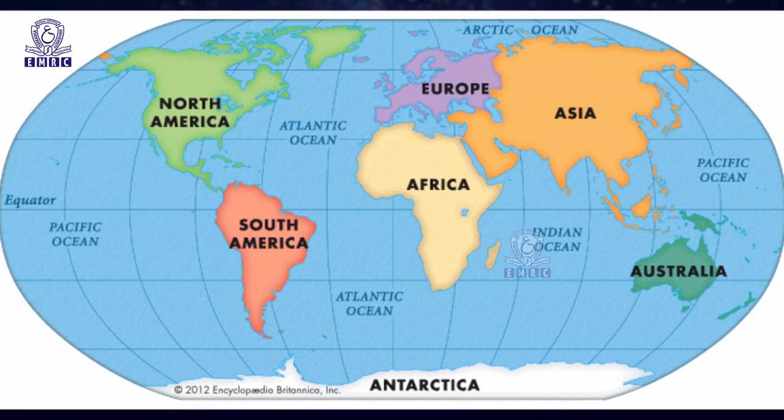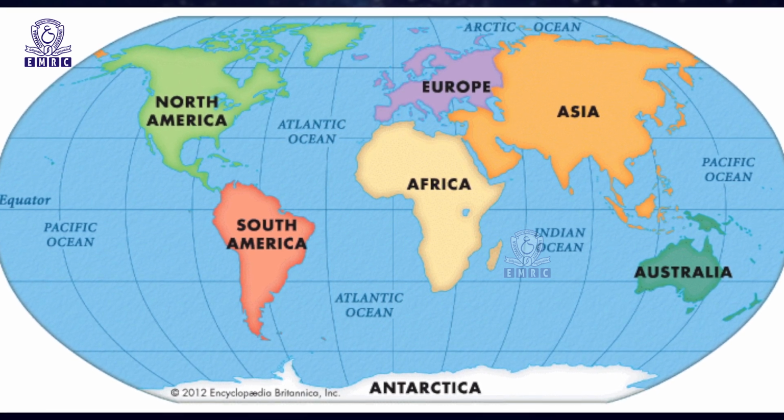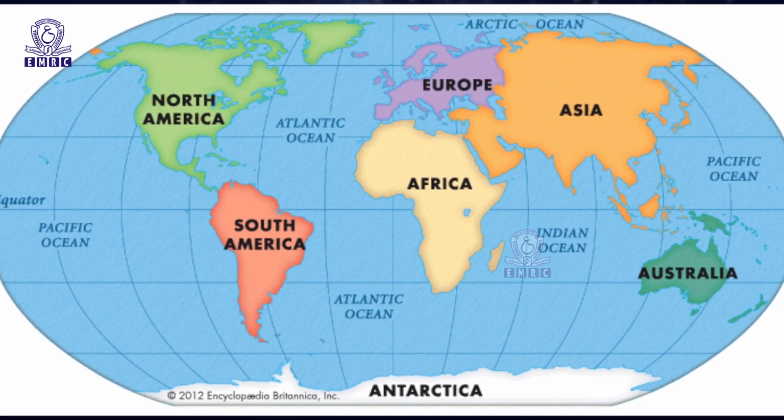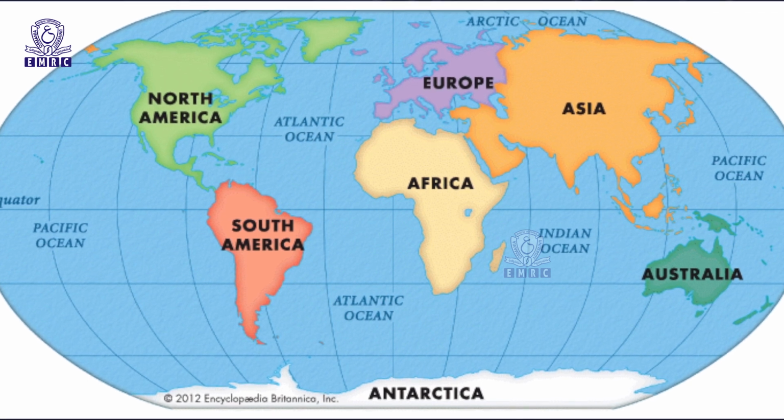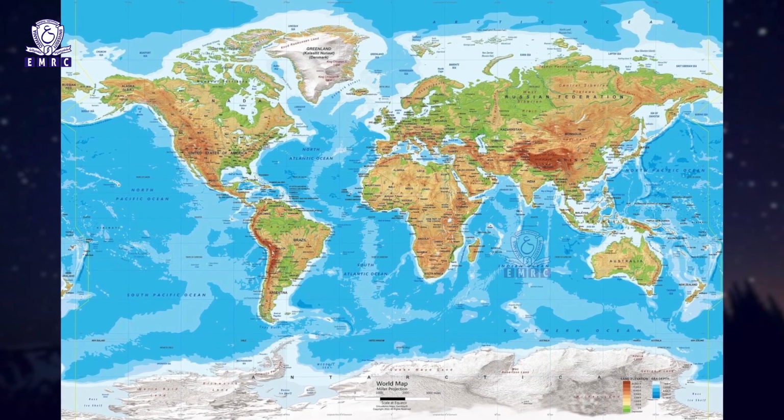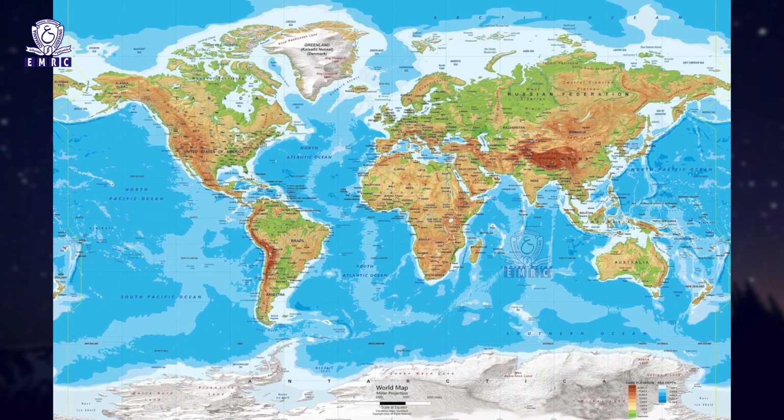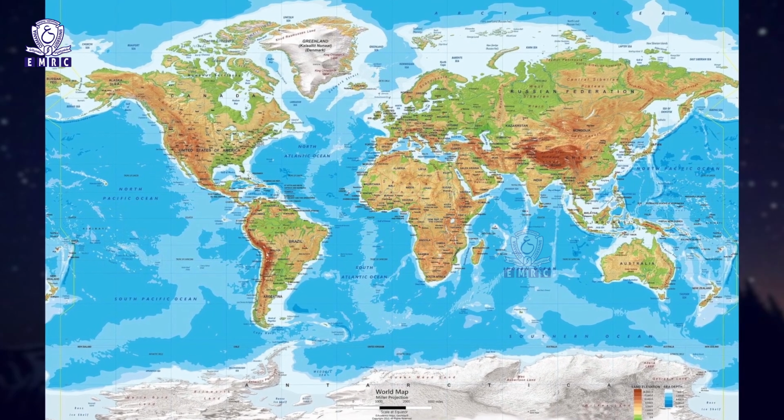Geologically, both coasts of the Atlantic Ocean are also identical. A detailed study of the eastern coast of South America and the western coast of Africa revealed that the geological structures of both the coasts are more or less similar.